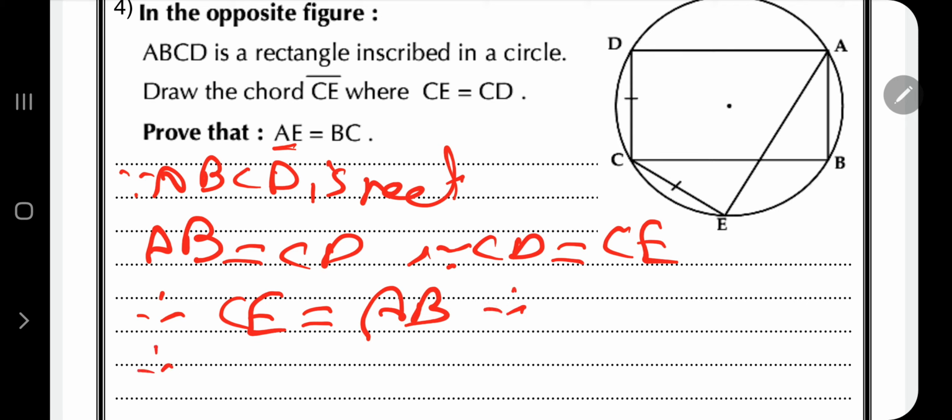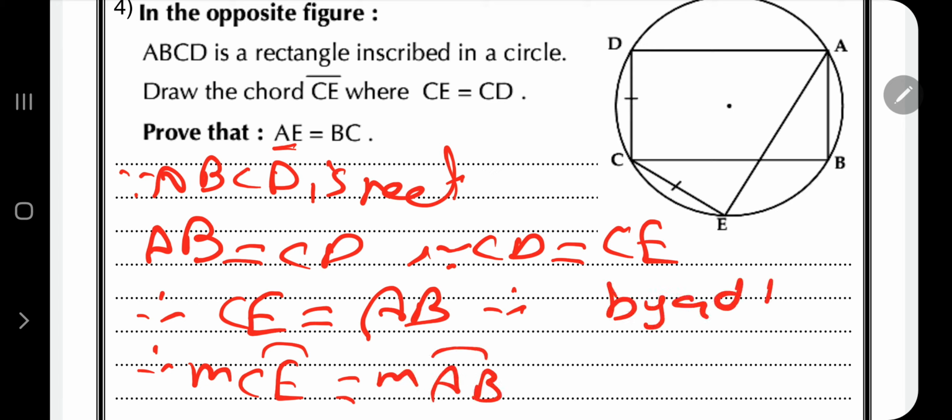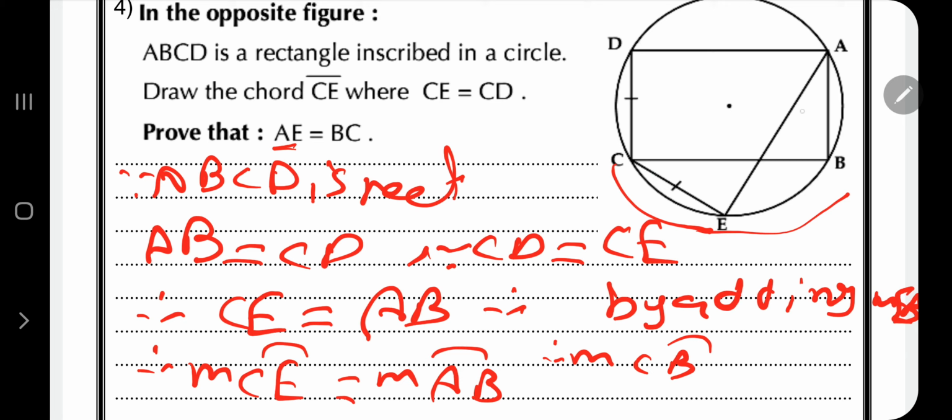Then measure of arc CE equals measure of arc AB. By adding measure of arc EB, CE plus EB means measure of arc CB, and AB plus BE equals measure of arc AE. That means CB equals AE.